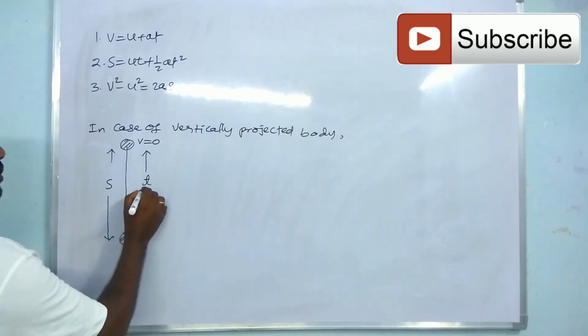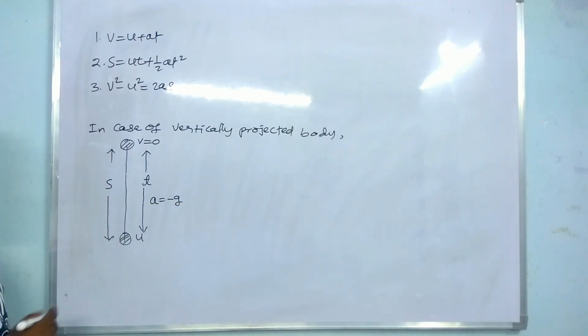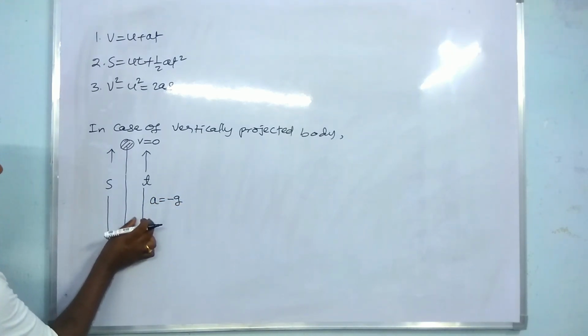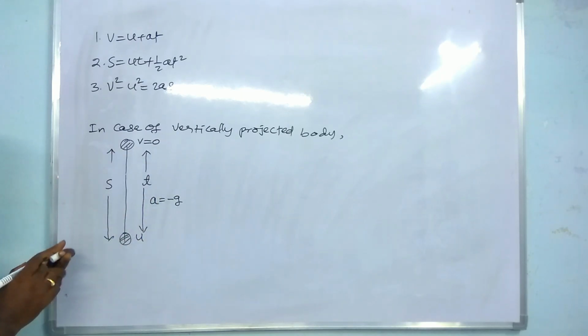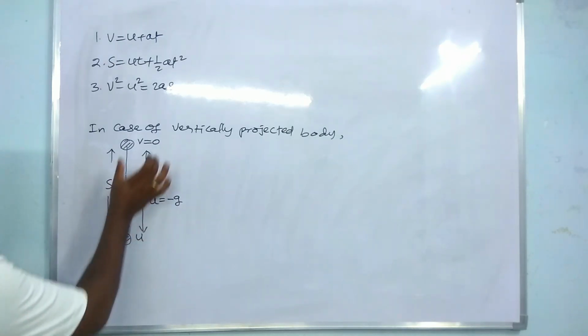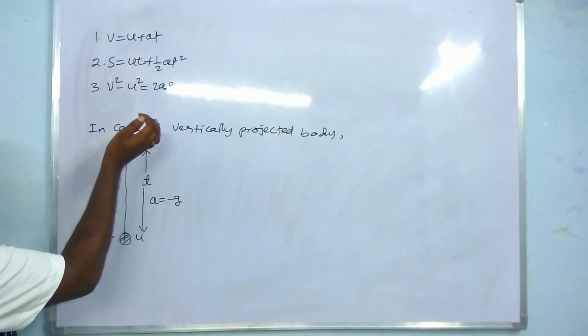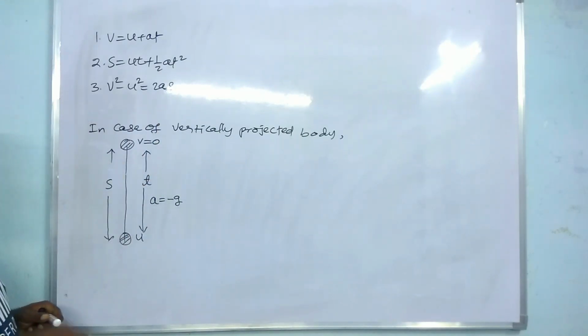The acceleration due to gravity, a, is equal to minus g, because the velocity of the ball decreases while moving vertically upwards, and finally it reaches 0 velocity, and this 0 velocity is used as the initial velocity and it will come back again and reach the ground point. That is the main point you have to remember.